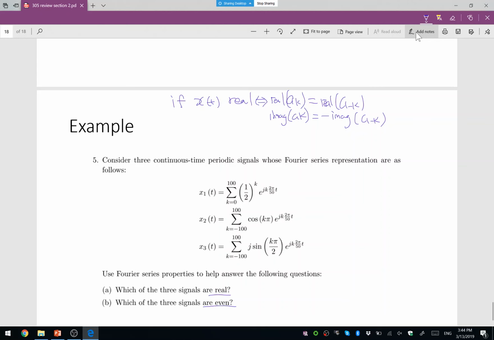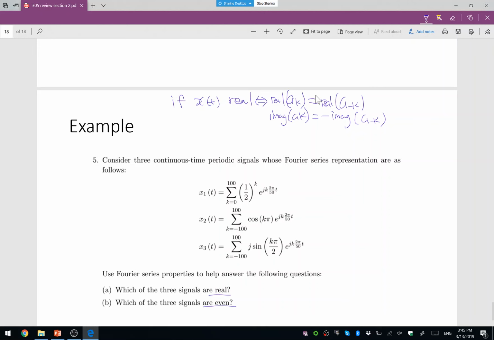Yes. If a_k is 0, a_minus_k is 0, so the real part is equal, so it's even. And the imaginary part is all 0, so a_k equals 0, equals minus a_minus_k, which is also 0. So 0 equals minus 0, so it also holds. All 0 will satisfy this condition. Sorry about the solution part.